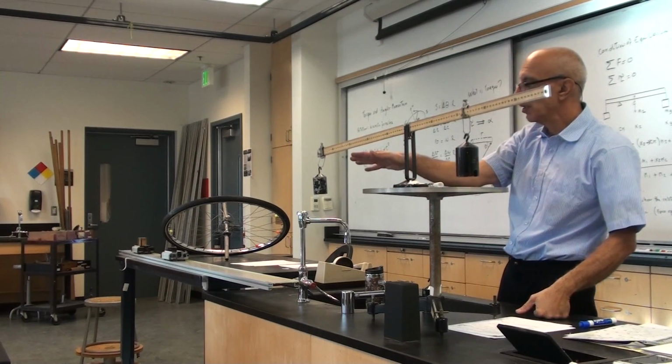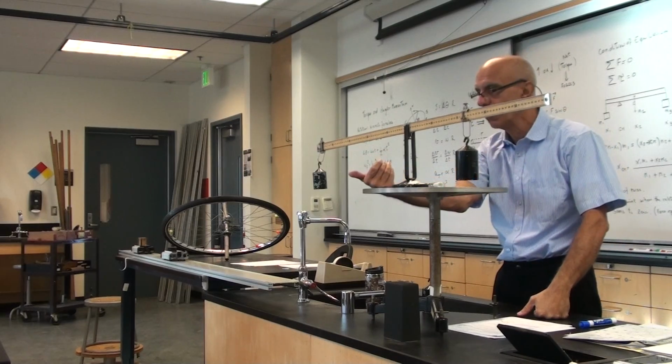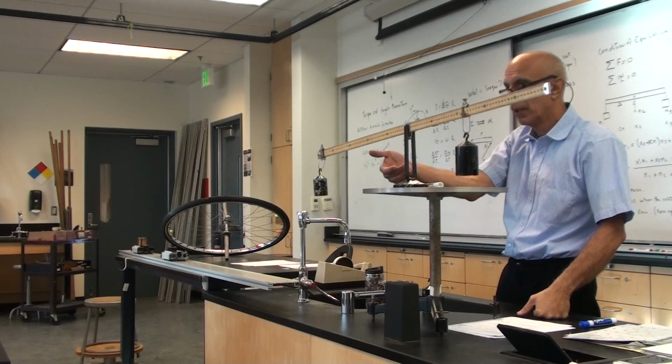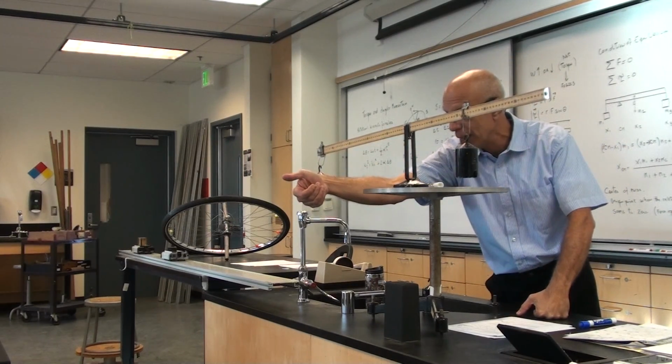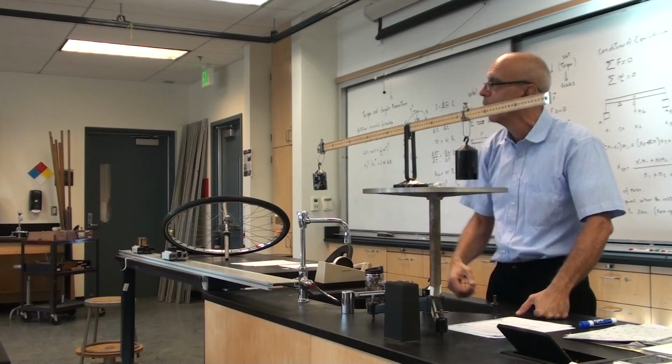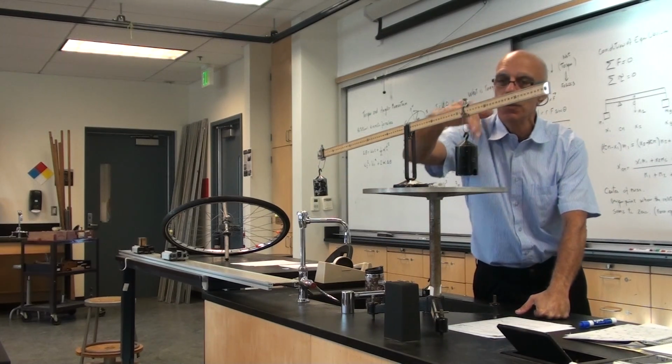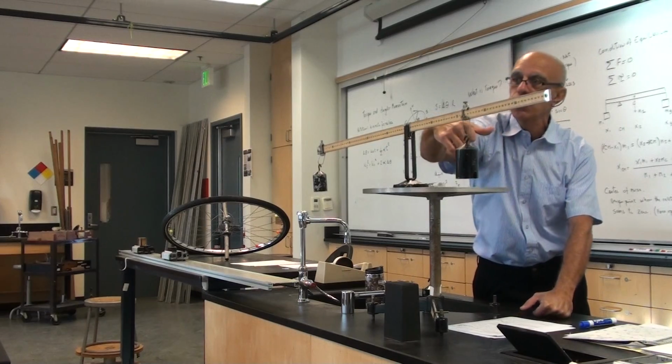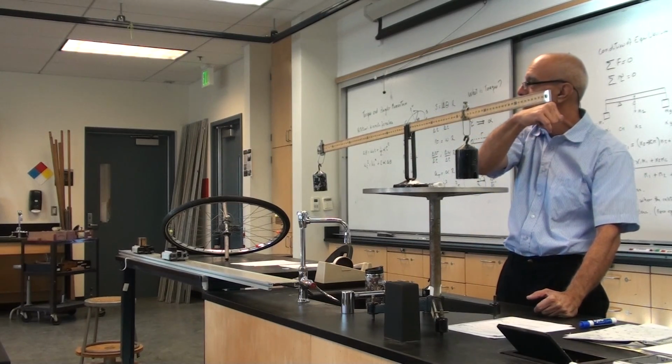So this one is going in this direction, so the torque is pointing towards you. And here, this one is going in this direction, so the torque is pointing in the other direction.